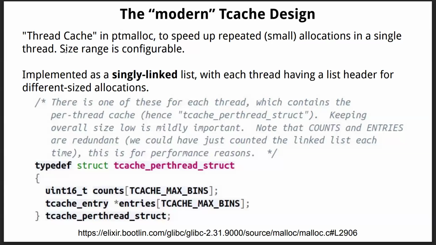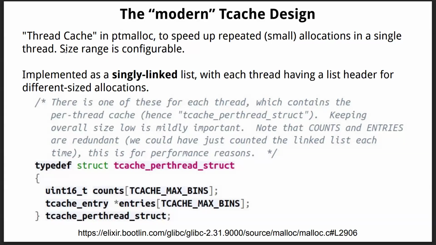And in the source code, the structure is defined like this. There is a structure called tcache_perthread_struct. First of all, it has some counts, and there are a number of bins. Each bin is for a different size.